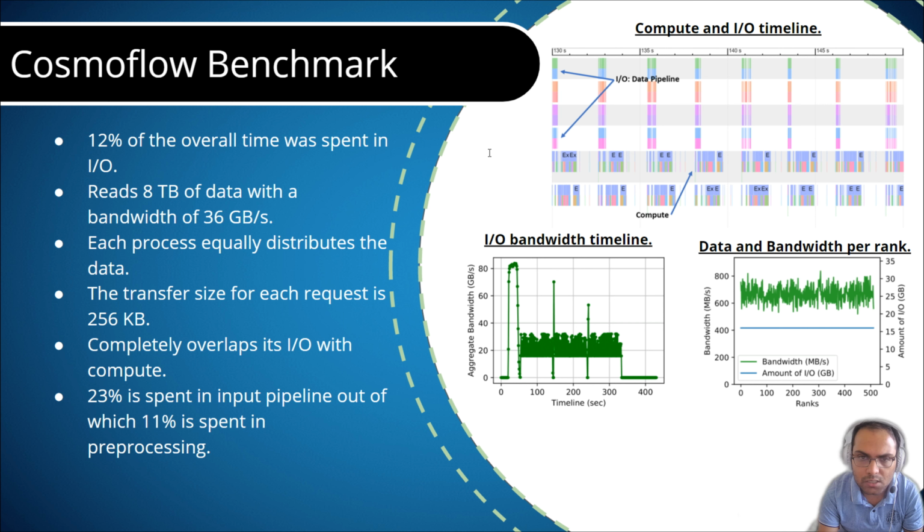The transfer size of each request is 256 kilobytes, which is the default setting within TensorFlow. The application completely overlaps I/O with the compute except for the first I/O. Out of 23% of the whole input pipeline, 11% of the time is spent in pre-processing in memory.